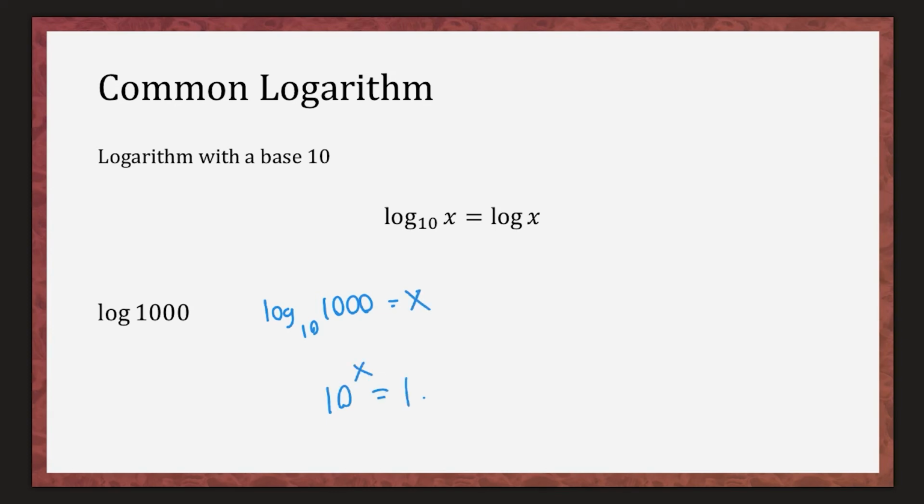But our result should be 1,000. So what power of 10 equals 1,000? Well, 10 to the first power is 10. 10 squared is 100. 10 to the third power is 1,000. So log base 10 of 1,000 equals 3. Why is that? Because 10 to the third equals 1,000.